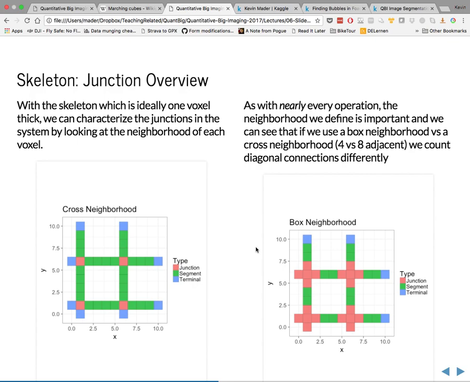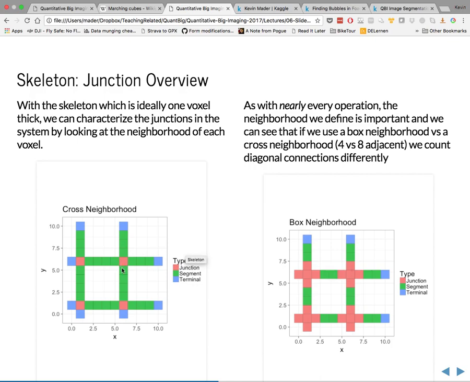And so here you see that this gets called part of the junction as well, because this point diagonally touches that one. So this point has then 3 neighbors rather than just 1 neighbor. And so depending on what exactly you're trying to extract from your image, it can be useful to use both approaches. But this would be sort of the standard approach.